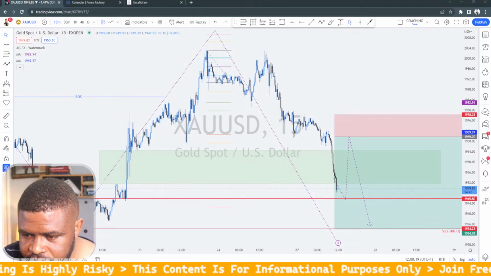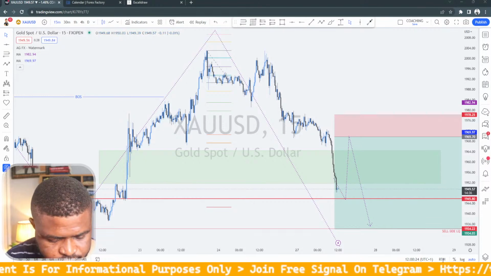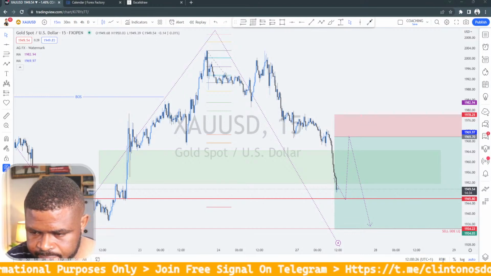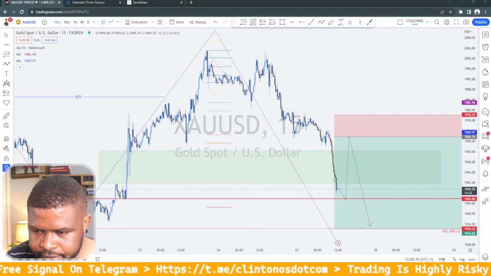Just copy the chart, copy the link, and paste.